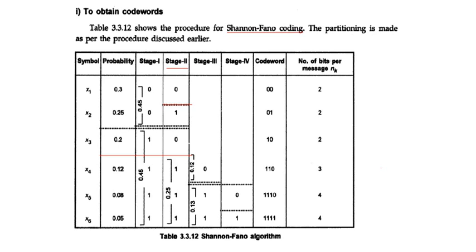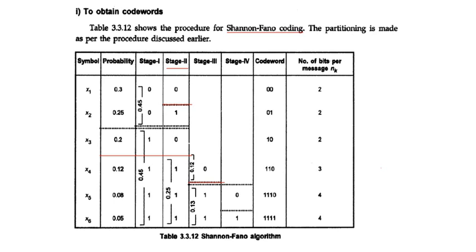Now x3 is terminated, and we go for partitioning the group x4 to x6. x4 has a probability 0.12 and x5, x6 together have a probability 0.13. So x4 is assigned 0 and x5, x6 together are assigned 1, and now x4 is also terminated.